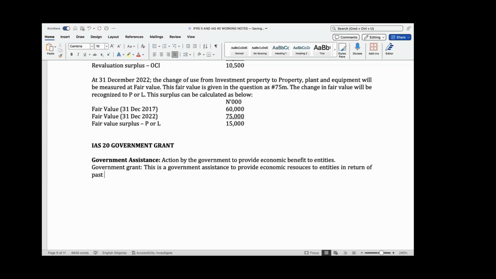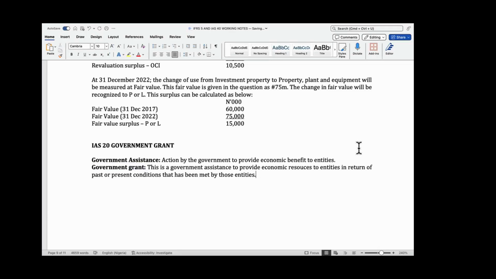for past or present action, or let me call it conditions, that have been met by those entities. So it's usually to compensate them for conditions they have met, right? That's government grants.